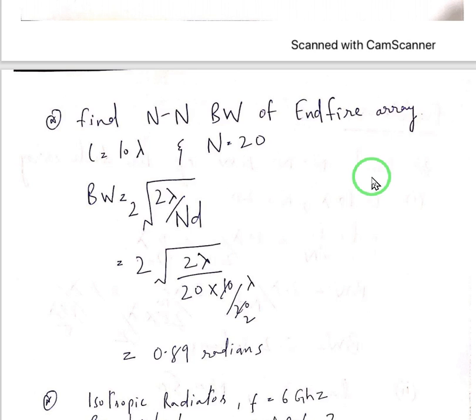Here, in the last case, broadside is perpendicular to the axis of the array, and end-fire is parallel to the axis of the array.